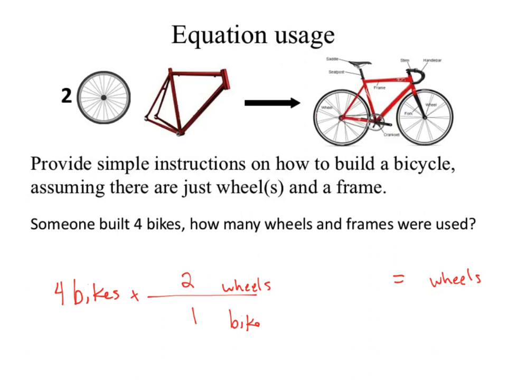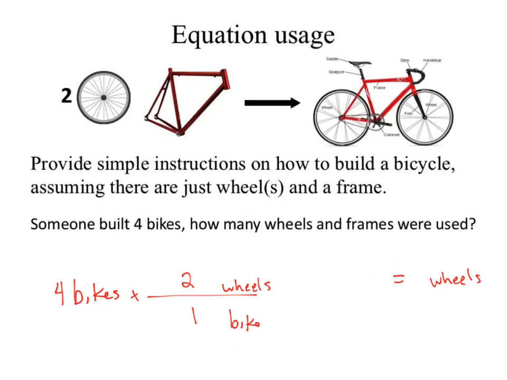Everybody agree? Where did I get the 2 and 1 from? From the chemical equation that tells me I need 2 wheels to make 1 bike. I'm using the number in front.